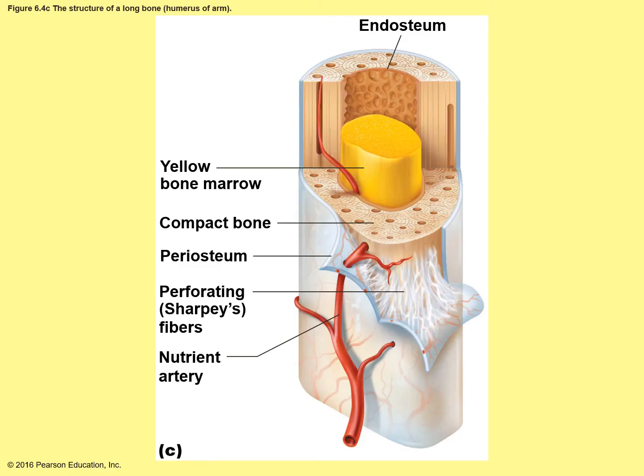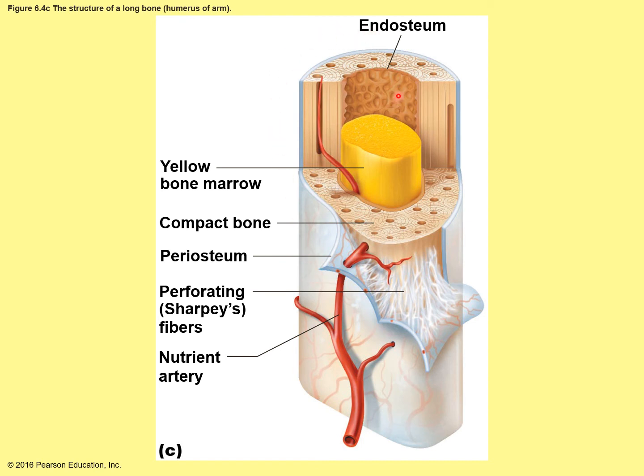If we look a little bit more detailed here in the medullary cavity, as I said, in this particular case, you have yellow bone marrow. You have the compact bone that is surrounding it. The endosteum right here is a membrane, and then on the outer, surrounding the outer surface of the bone, is the periosteum.